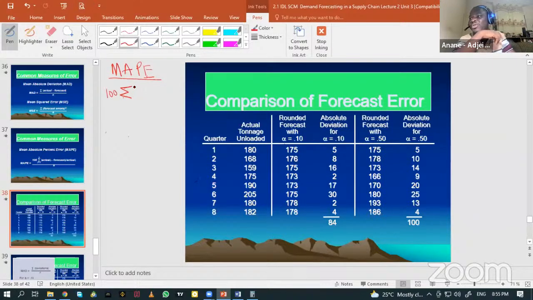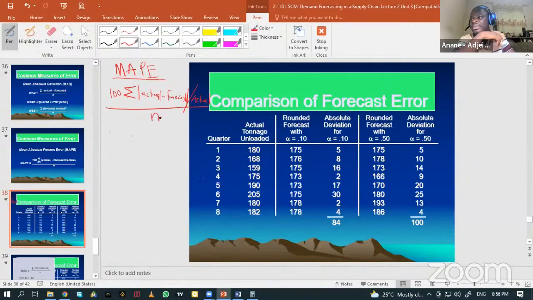Then we have the absolute value of actual minus forecast. Then we divide it by the actual again. When we are done, we divide it by n. That is the formula.